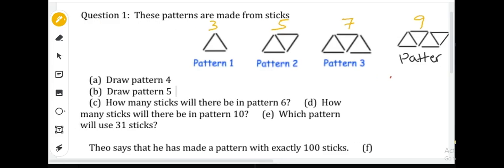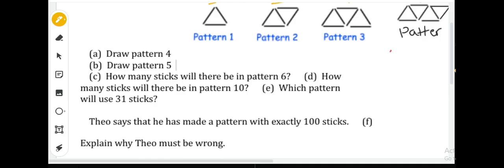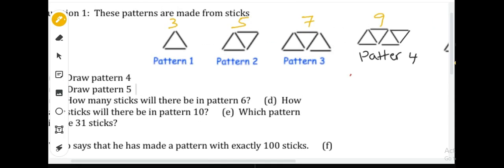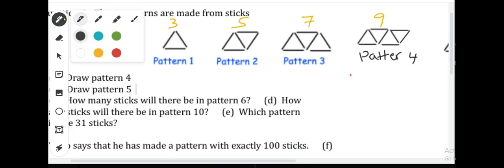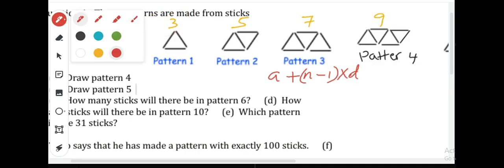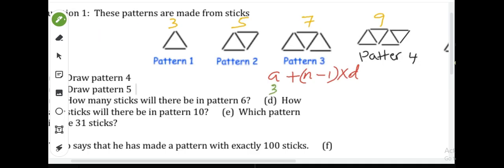Now another way we could have done it is to find the position to term rule. Remember, the formula is a plus n minus 1 bracket times d, where d is the term to term rule or common difference. The a is the first term, 3. So we have 3 plus, open the bracket, n minus 1 times d, which is 2.